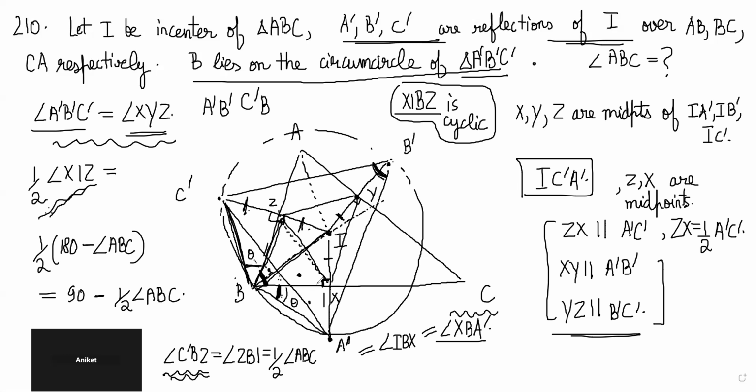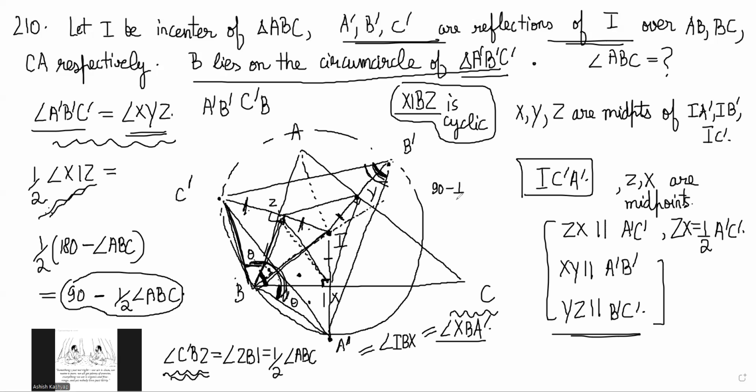Therefore, we know that this angle plus this angle should add up to 180. Now we already know this angle. We have written it as equal to 90 minus half of ABC, which is 90 minus theta, plus 4 times theta.